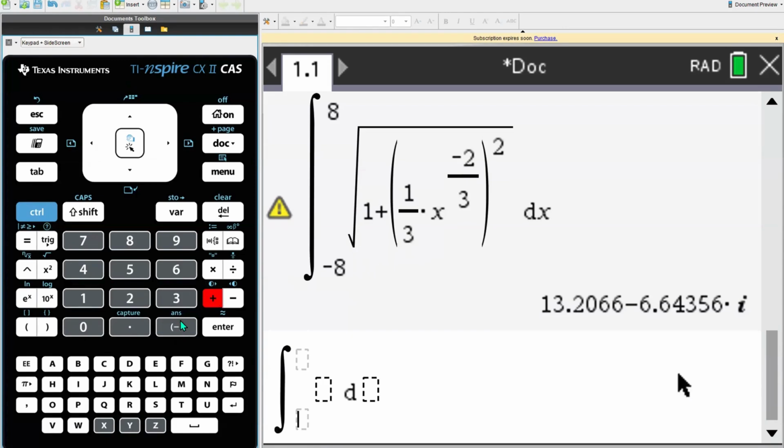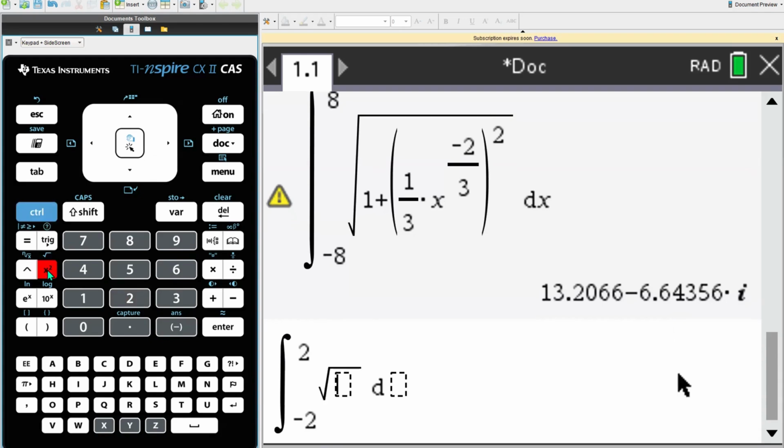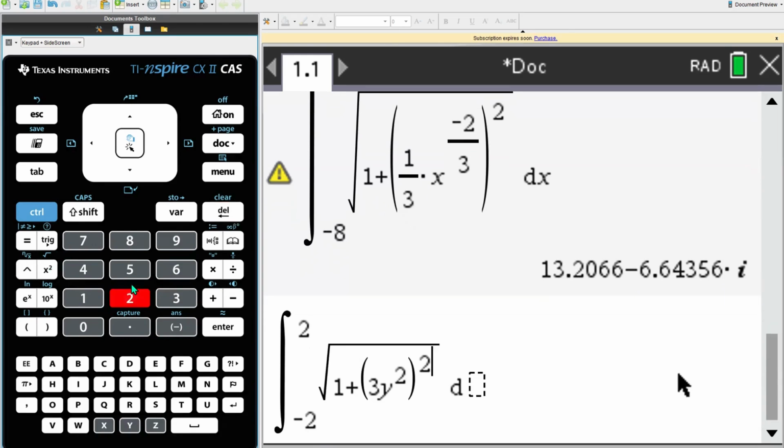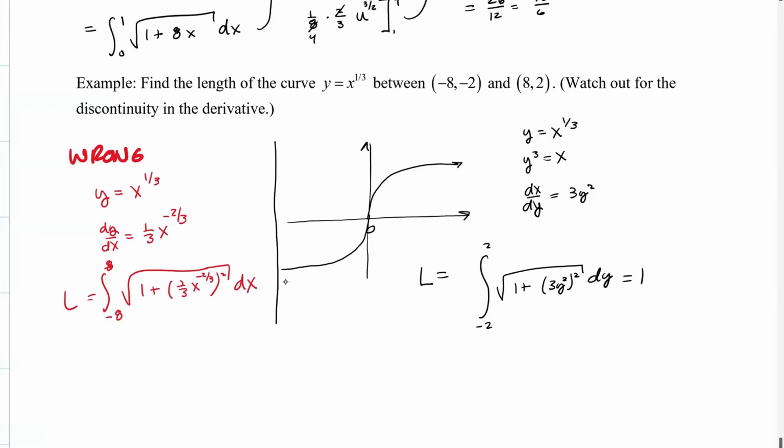Shift plus, -2 to 2 of the square root of 1 plus quantity 3y squared, close parenthesis, squared, and do this with respect to y. And there we go, 17.261, which seems quite reasonable.